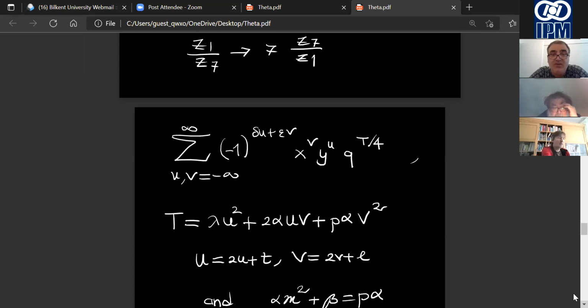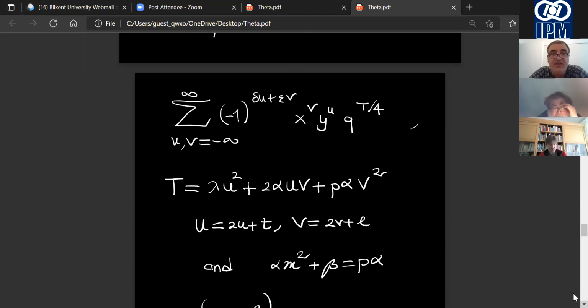So you start with a quadratic form like this. Here we have many variables. The main variables are alpha, beta, m, p, and this is not alpha, this is lambda. So basically you have alpha, beta, m, p, and lambda. You want them to satisfy this equation.